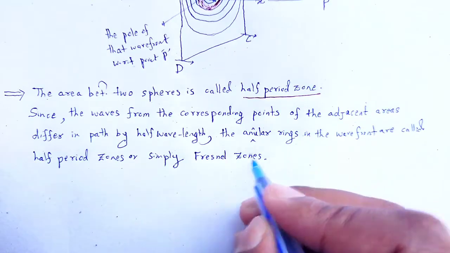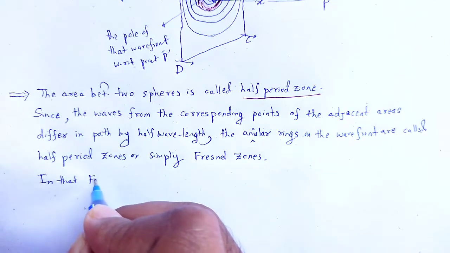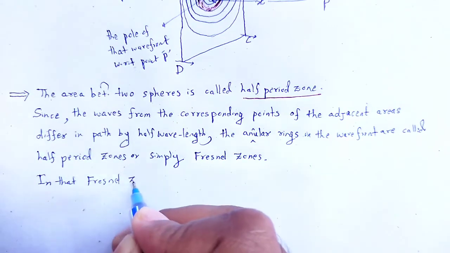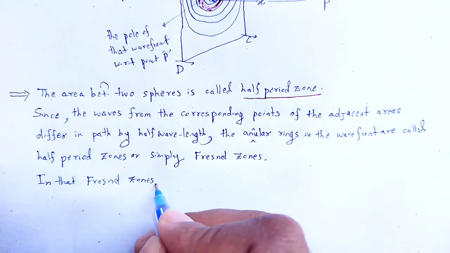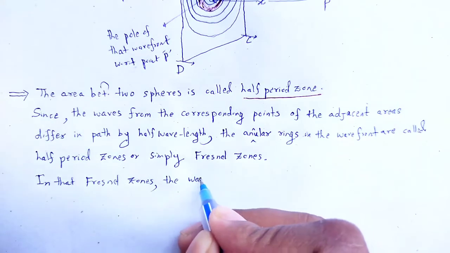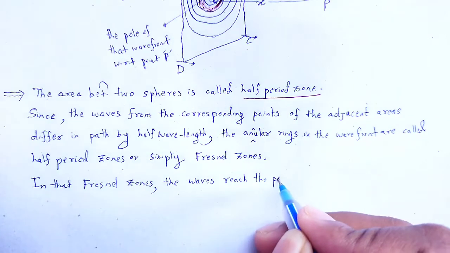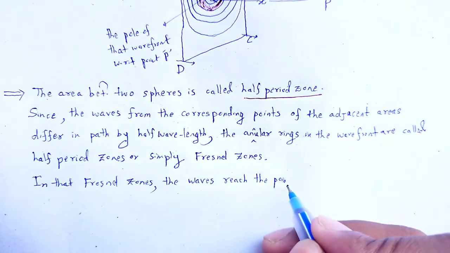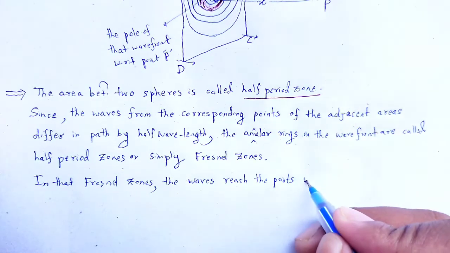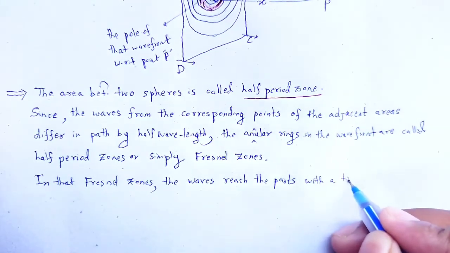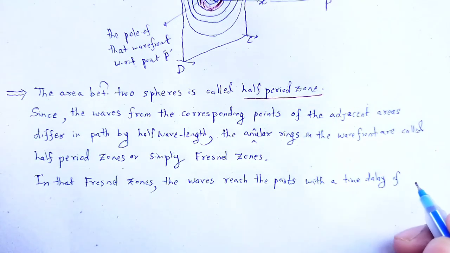In the Fresnel zones or half period zones, the waves reach the point with a time delay of half time period.